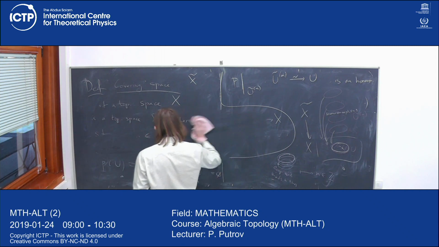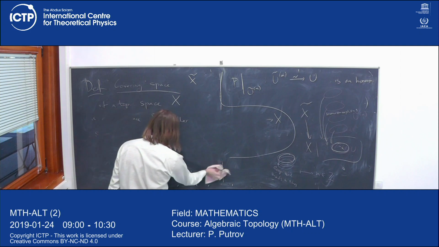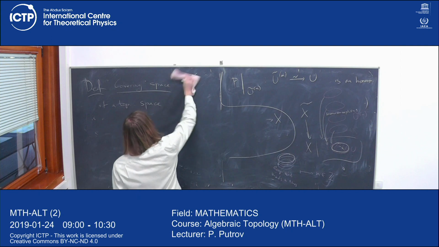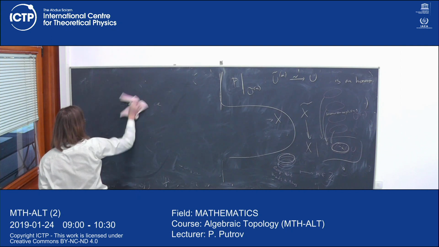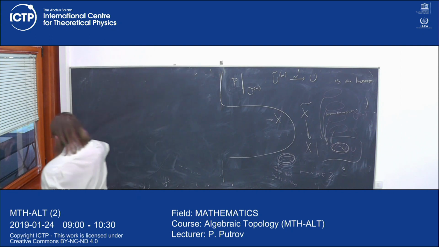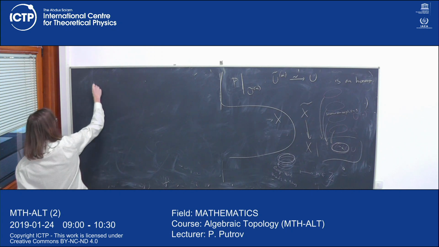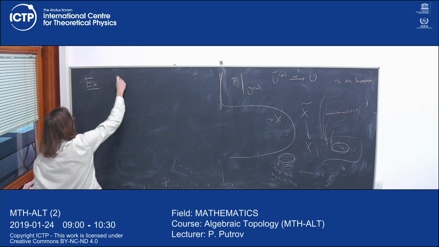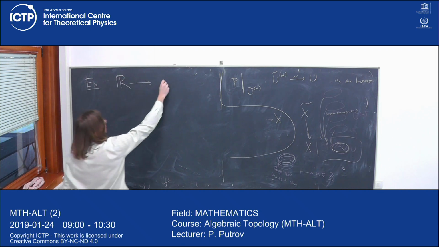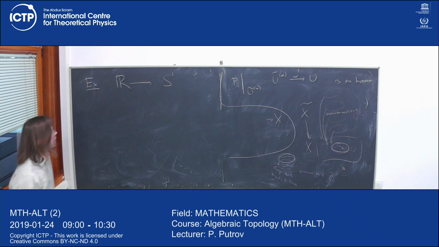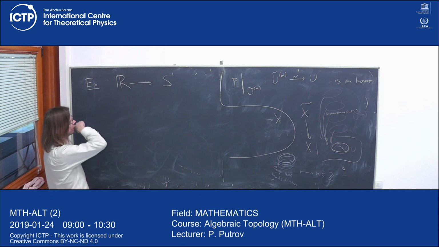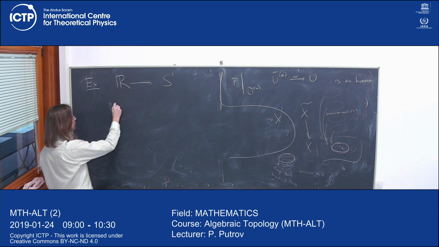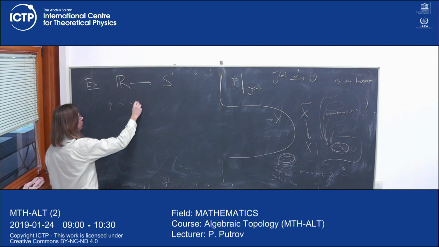One of the examples of covering which we will need to use is the map from R to S1, and in this case we can say that P is a quotient.